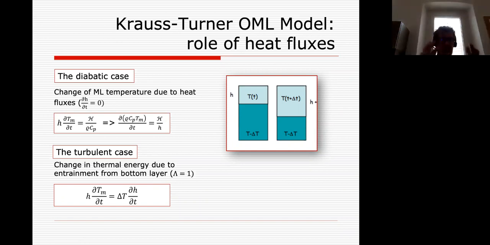These are only two simplifications of the above equation under idealized conditions. In one case, it depends on heat flux, and in the other one, on how different the temperature is at the bottom of the mixed layer.